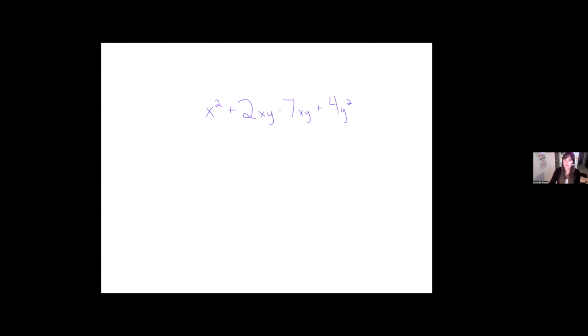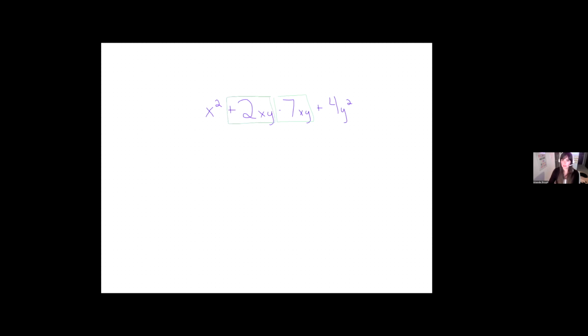So what can we combine? Well, right off the bat, we see our 2xy and 7xy. As we remember, we're going to grab this with that subtraction sign in front. So we're going to do the same thing here, grab this 2xy with our addition sign. So we know we can combine those.